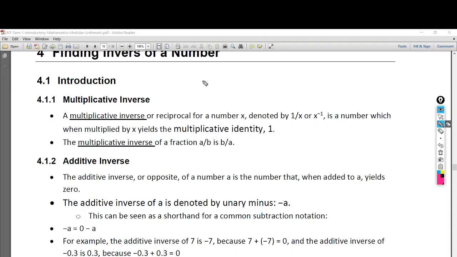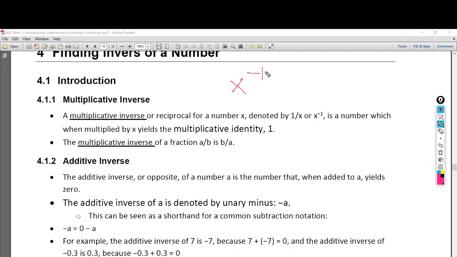Now it's your turn to talk. If we have a number called x, what is meant by x inverse? A very simple definition. The answer is very simple.